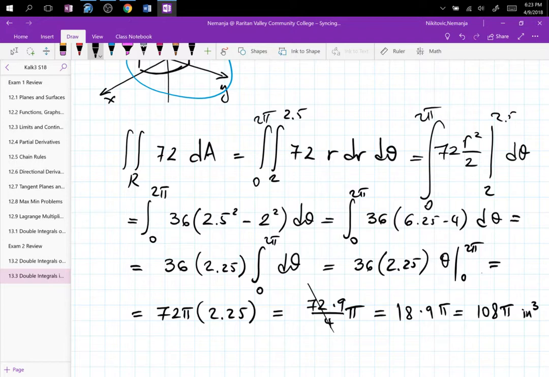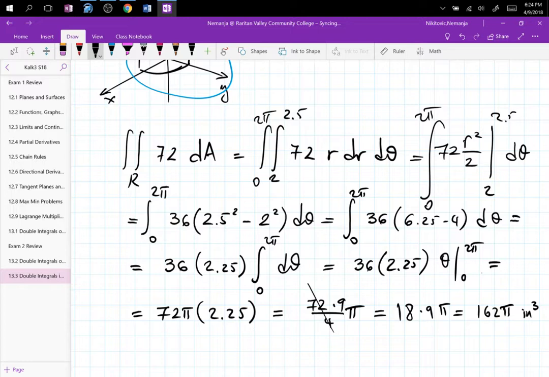What happened? Oh yeah, I multiplied by 2 instead. I multiplied 12 instead of 18. I did 12. It's supposed to be 18. So what is it? 160? 162. Good. Thank you.